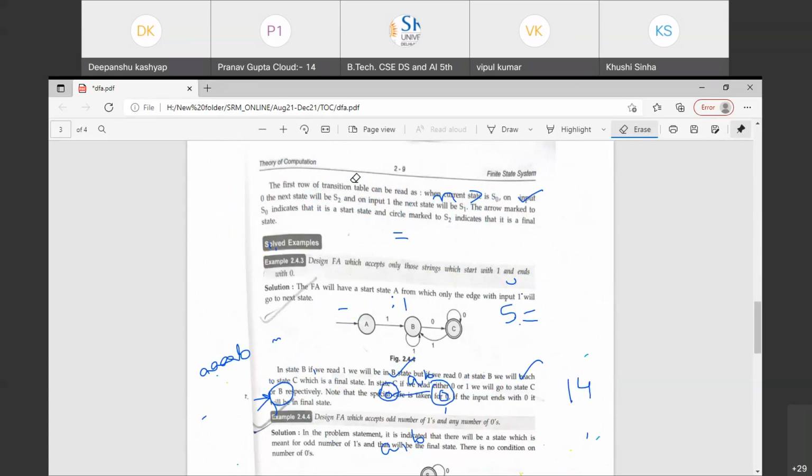You all have to generate a regular expression for accepting all combination of A's over the input alphabet A. Means you have to select the strings, in which all combination of A's can be there. When I say all combination of A's, it means you have the input alphabet this, and you can have the strings for an input A. So what can be the possibilities, what can be the regular expression?